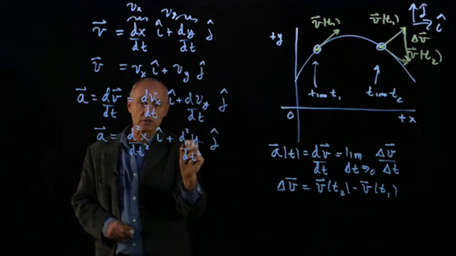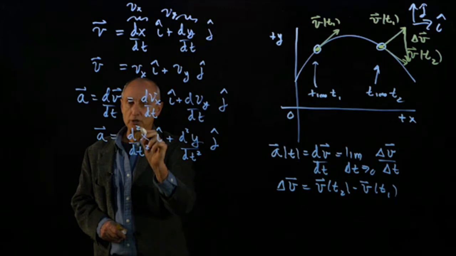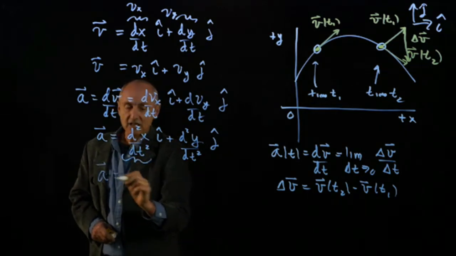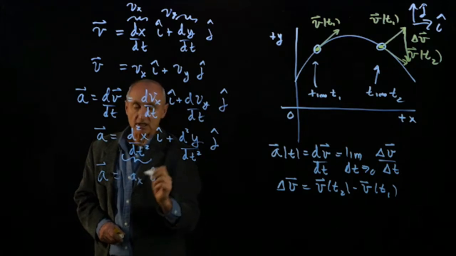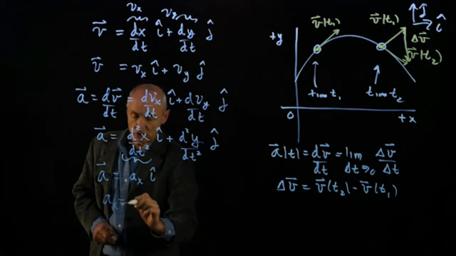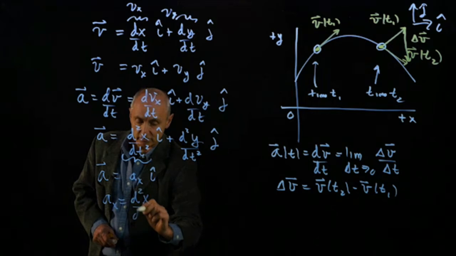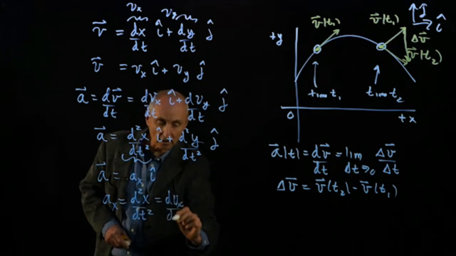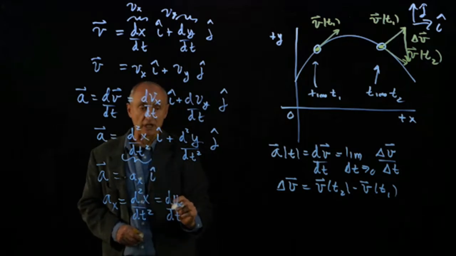Now, again, this is sometimes awkward to draw, but you always must remember that this x component of the acceleration, by definition, is the second derivative of the component function for position, or the first derivative of the component function for the velocity.